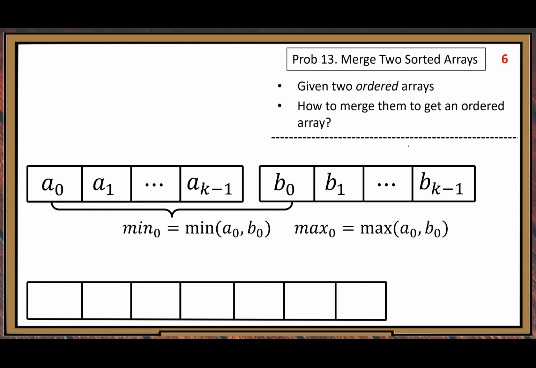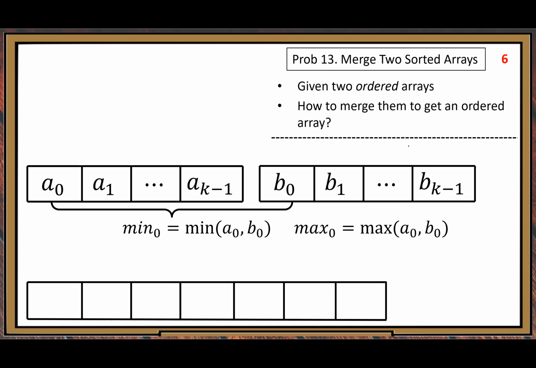So let us arrange sufficient empty locations for the final ordered array. These empty boxes are the locations for all the elements in our destination ordered array.